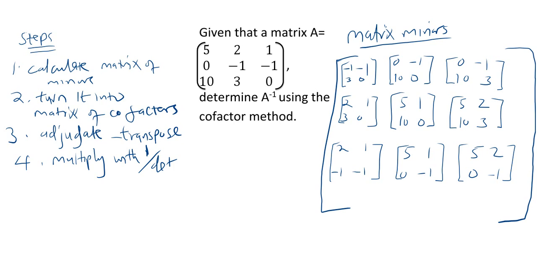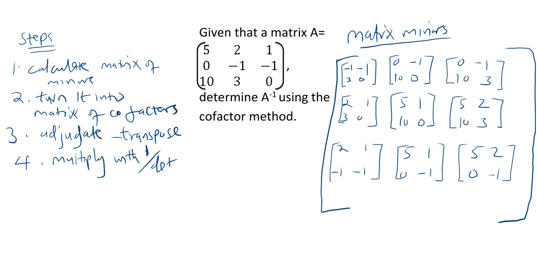So after writing those small matrices, now we have 2 by 2 matrices for each element. So these are minor matrices for every element. To get the matrix of minors, which is step 1, you calculate the determinant for each of the matrices to get a single element in each position. For a 2 by 2 matrix, the determinant is given by the product of the principal diagonal minus the product of the other diagonal.